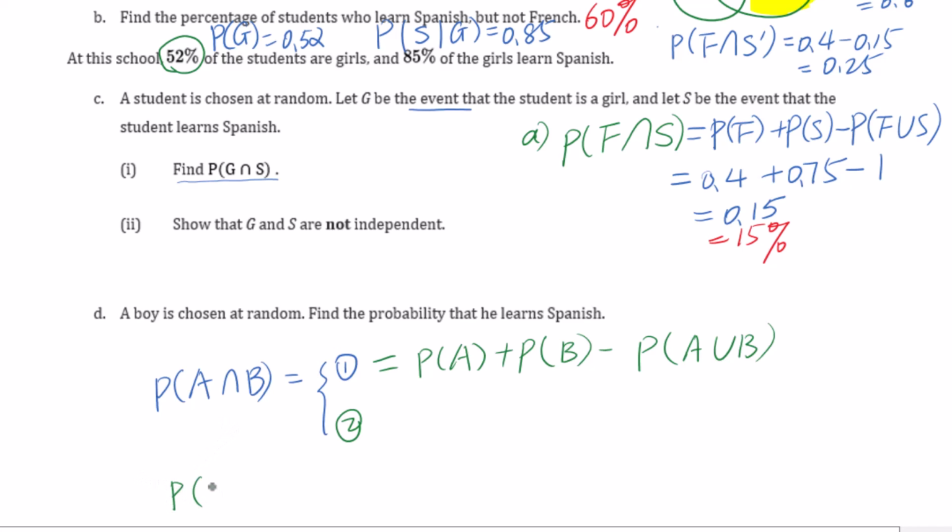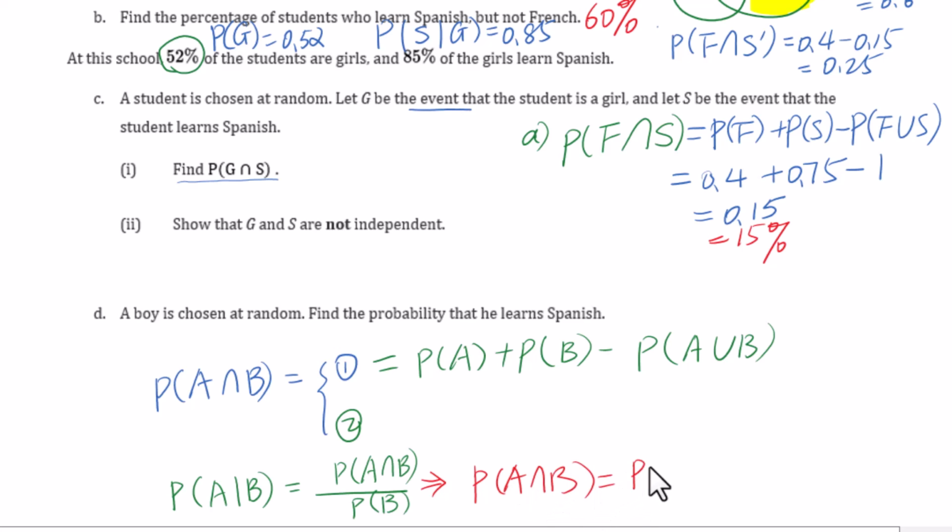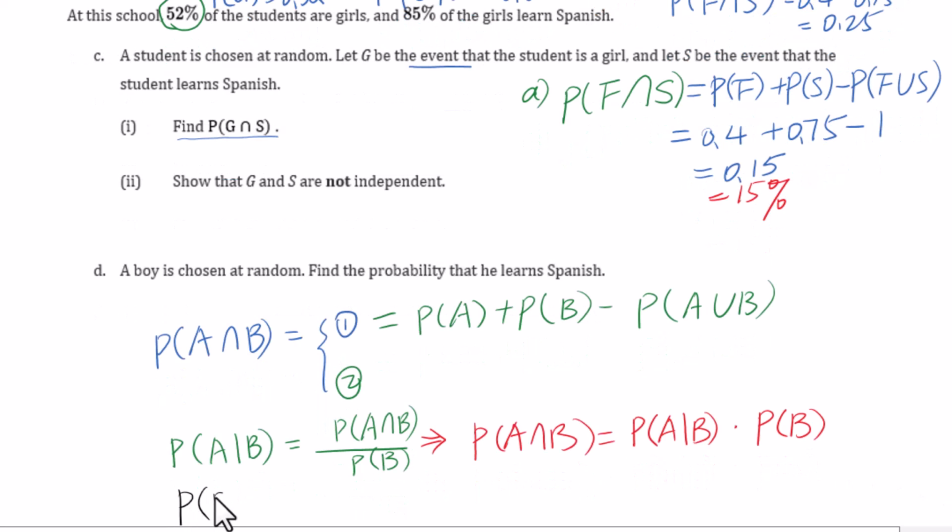We know probability of A given B equals probability of A intersection B all over probability of B. And from this, we can get the probability of A intersection B equals probability of A given B times the probability of B. Also, probability of B given A equals probability of A intersection B over probability of A.